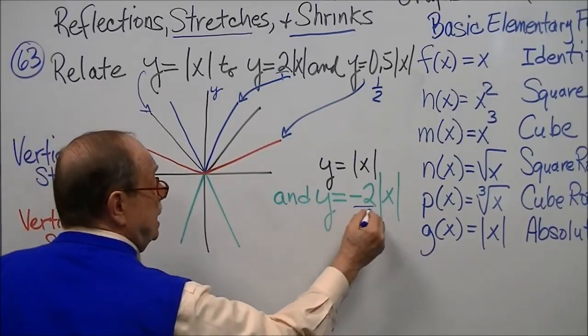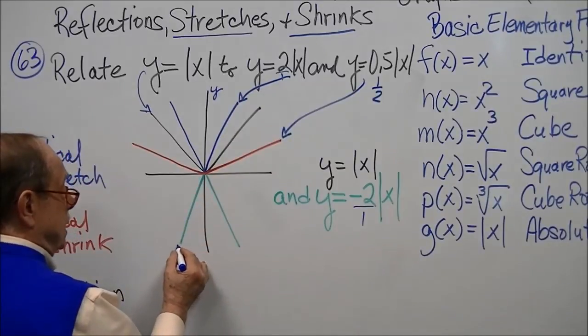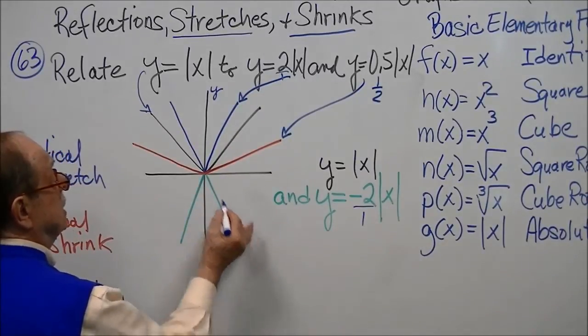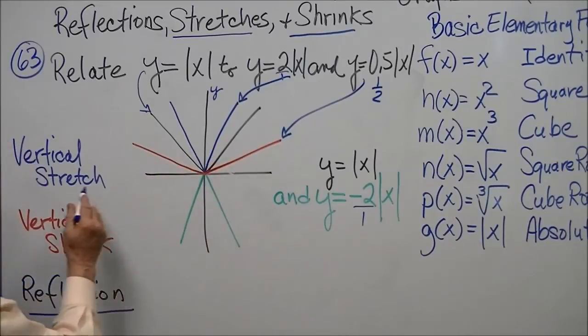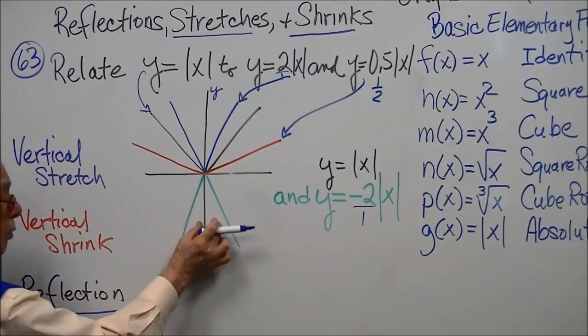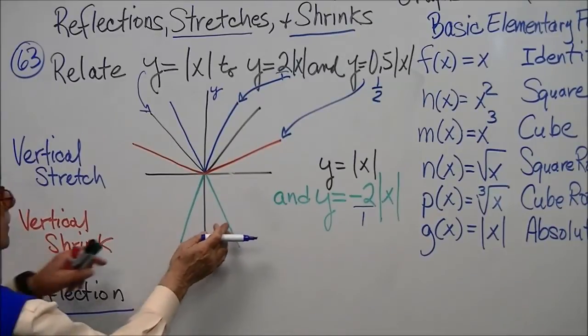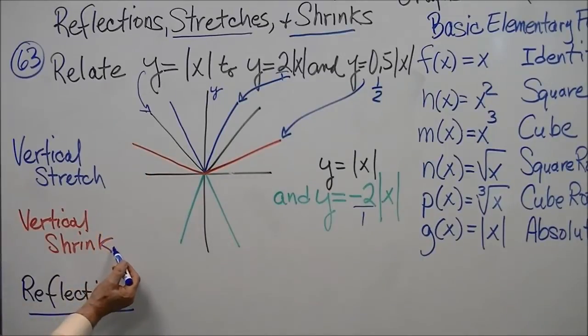So this would be a negative slope going down this way, and the relationship of the green line to this blue line up here, we say is a reflection, and it is a vertical stretch. It's getting closer to the y-axis. That's a stretch. If it was getting further away from the y-axis, that would be a shrink. So a couple of words going on. And again, you can always relate to your textbook, reading over what they give you there.